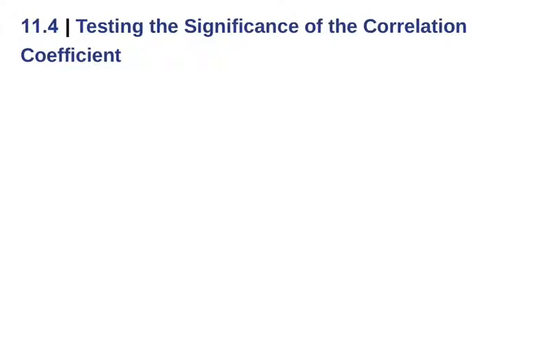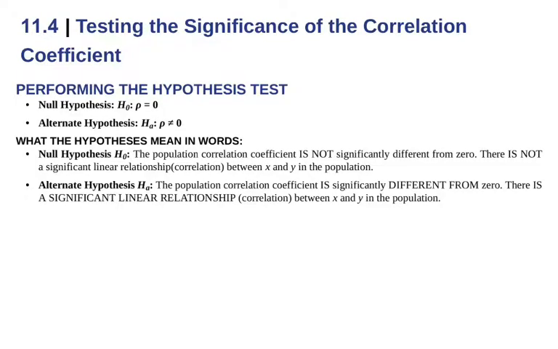So let's look at 11.4 here, where we're actually going to go ahead and just run a full hypothesis test. And when we run the hypothesis test, our null is that rho is equal to 0. So that's the Greek letter rho, and the alternative is going to be that rho is not equal to 0. And again, this has to do with our R value, our correlation coefficient.